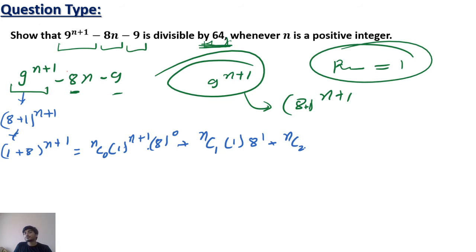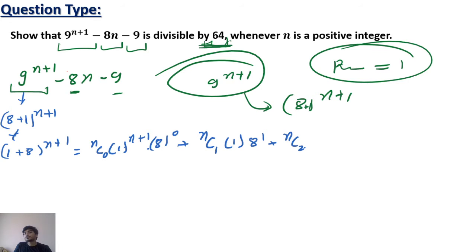Okay, now see, nC0 is how much? 1, right? 1 to the power 1 into n+1 is also 1, and 8 to the power 0 is also 1. So I can leave it like this. nC1 is always written as n, and 8 to the power 1 is written as 8, right? So this becomes 8n plus nC2.